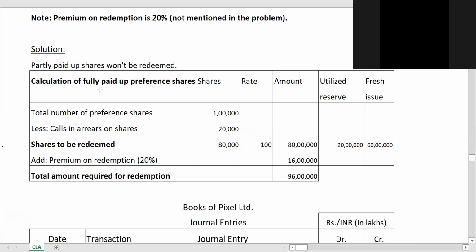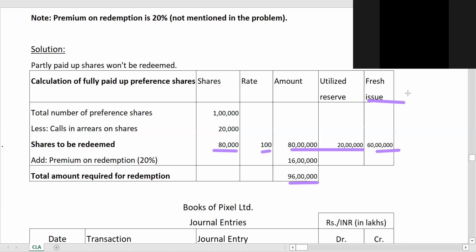Fully paid preference shares are 10,000, calls in arrears is 20,000, and the shares to be redeemed are 80,000. For this 80,000, we are using reserve 20,000, and the rest is a fresh issue. Same thing what we did, we're just showing it as a statement here.